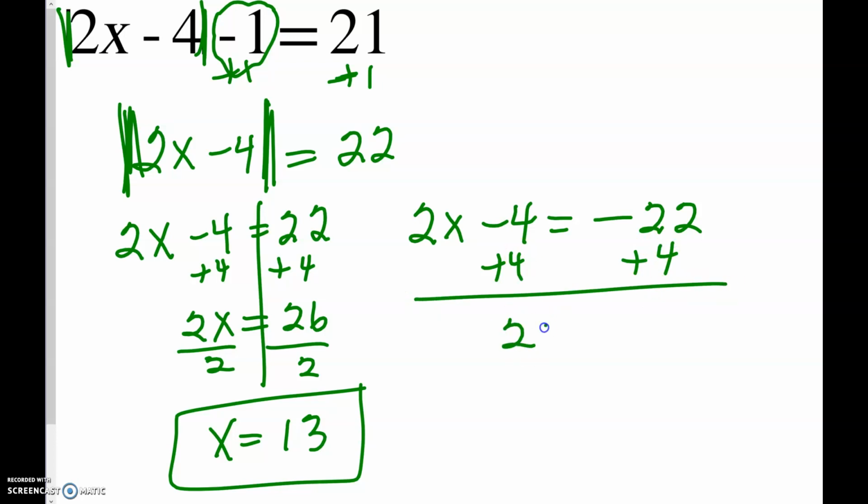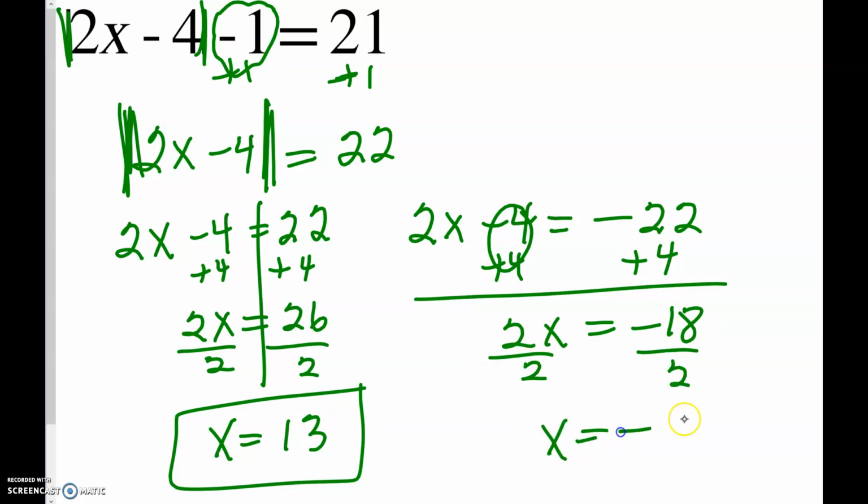So it looks like I have 2x equals, that's going to cancel out, and negative 22 plus 4 is a negative 18. Divide by 2. So x equals negative 9. So our two solutions here are 13 and negative 9.